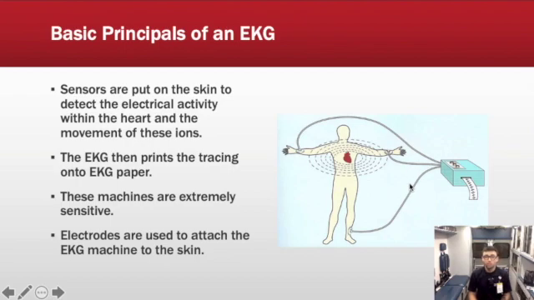We put sensors on patients' skin, and they detect the electrical activity within the heart and the movement of the ions through the heart. When we put these stickers on, we can actually print these tracings and see how the heart is functioning. They're very sensitive, and the cords attach to the skin through these electrodes so that we can see the tracing and the electricity.